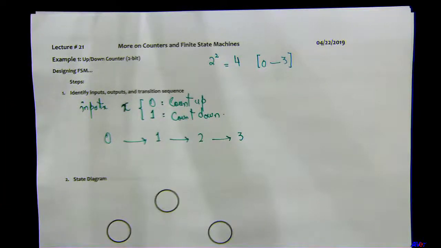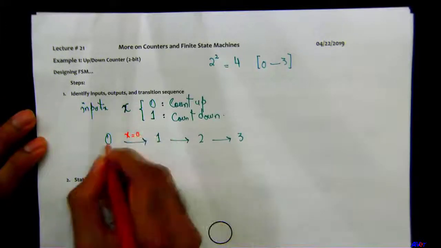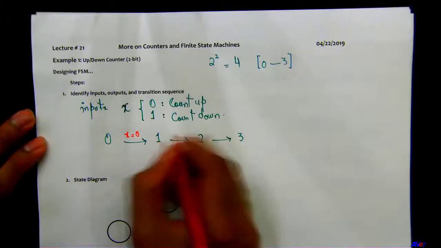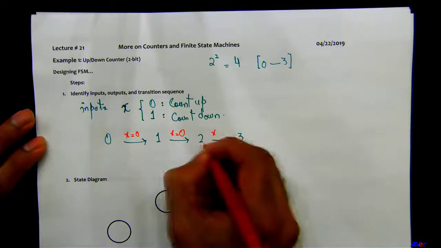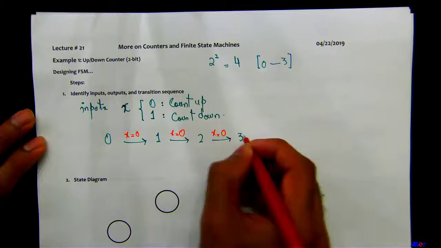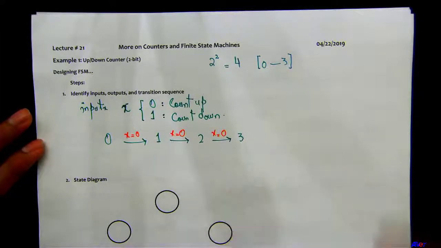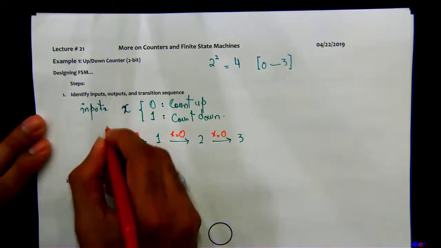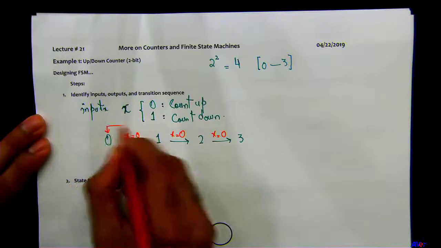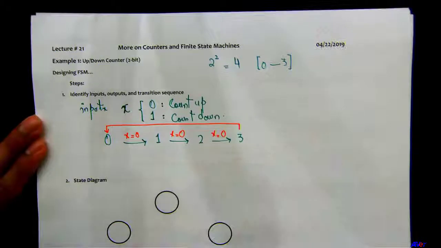If X is 0, it's going to go from 0 to 1. If the present state is 1, X is 0, it's going to go to 2. Again, if the present state is 2, X is 0, it's going to go to 3. And what's going to happen if it's a 3 and X is 0? It's going to go back to 0, correct? Okay, all right.